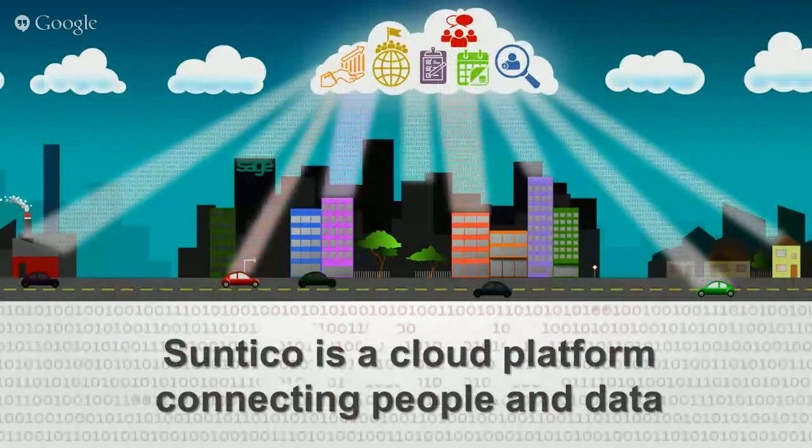And Suntico is a cloud platform that connects people that need the data and the data. The way it works is through installing a smart Suntico connector onto your local Sage server, and that synchronizes your Sage data up into a secure cloud database through which then we connect Microsoft Power BI.